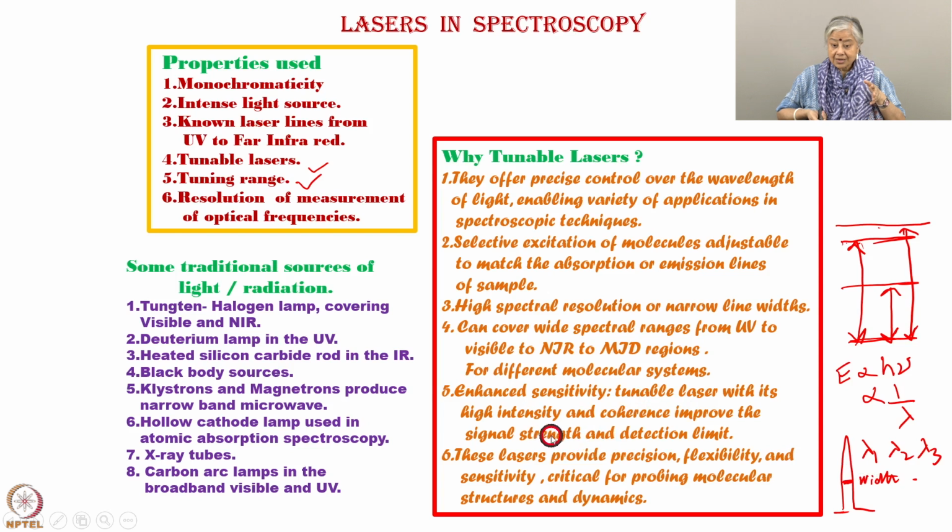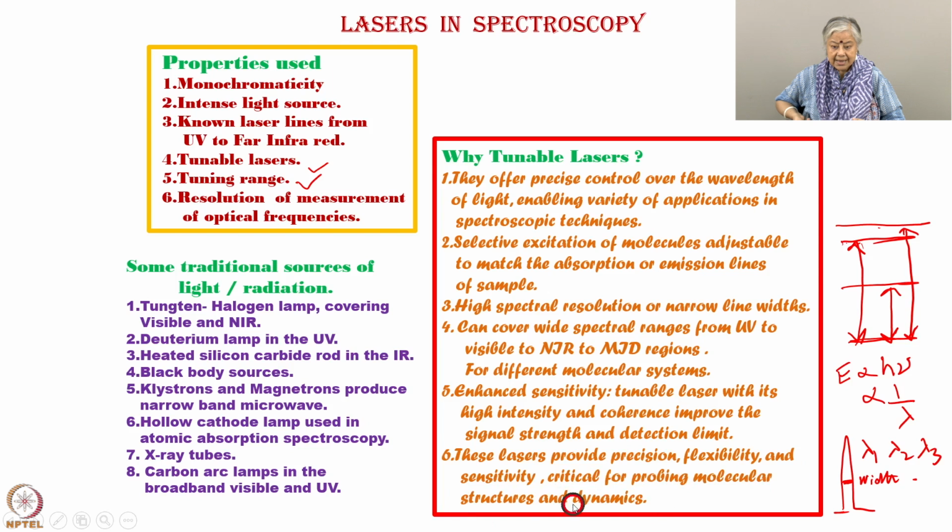And so the signal that you get from your sample becomes stronger and stronger, and you are able to detect it. These lasers provide precision, flexibility and sensitivity critical for probing molecules or structures and their dynamics.